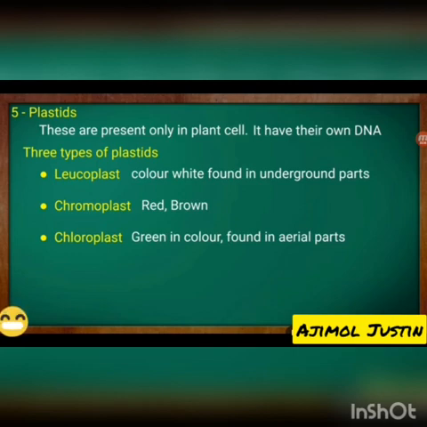Aerial parts means those found above the soil. That means all the shoot, above the soil, in green color, the stem, the leaf. Yeah, they all contain chloroplast.